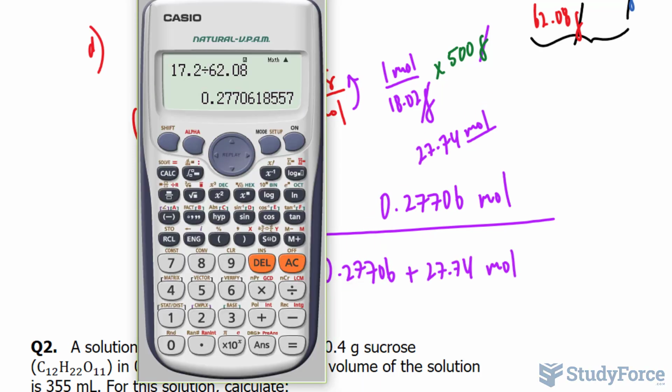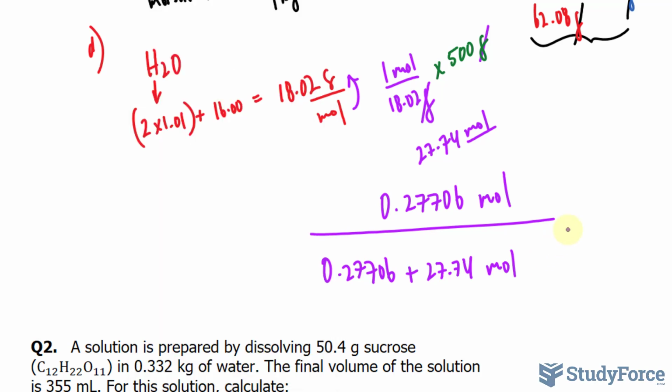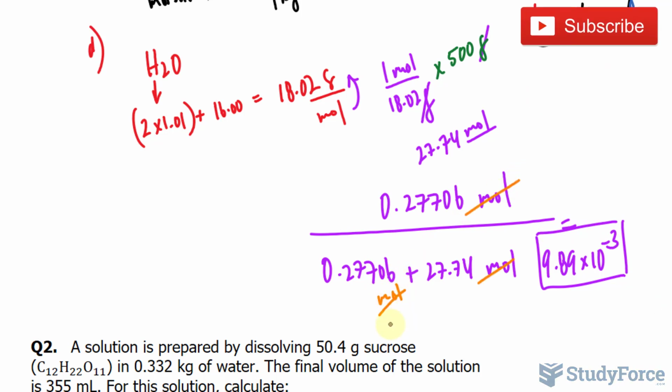Let's quickly use our calculator. That number on your screen divided by, again that number on your screen, plus 27.74, and we end up with 9.88 to three significant figures. We can say 9.89 times 10 to the power of negative 3. No units here because the mole units cancel out. And there should be a mole unit here that goes away, okay?